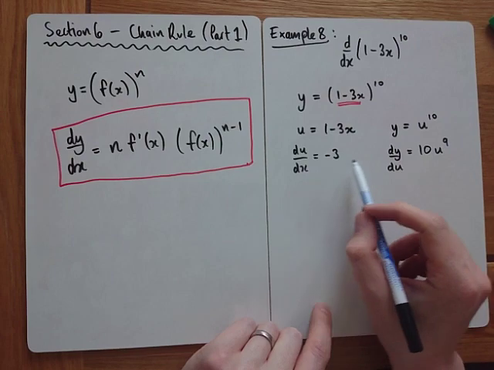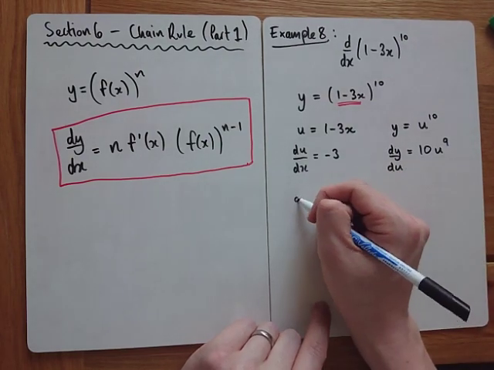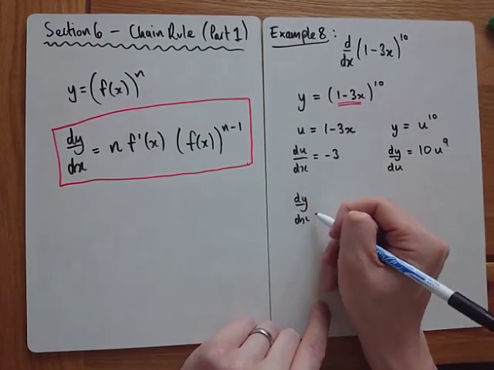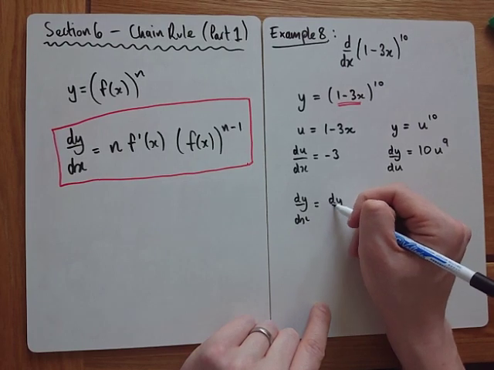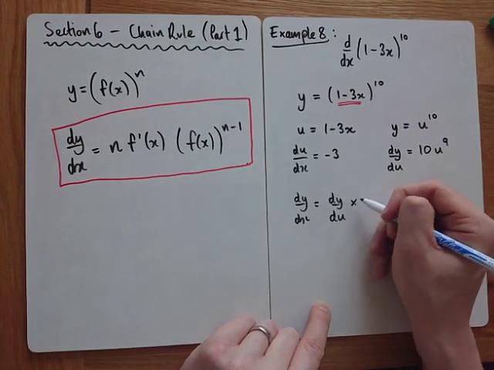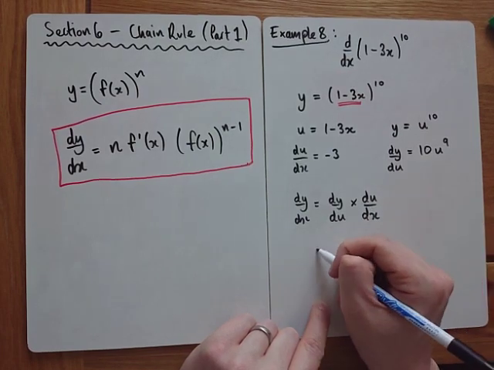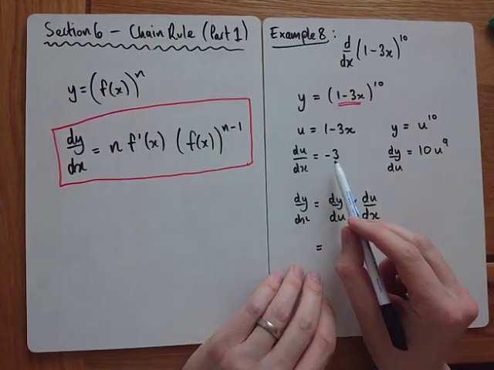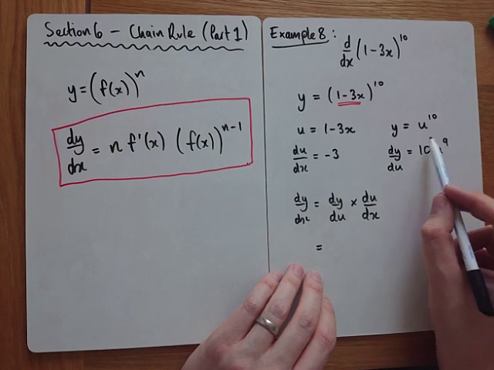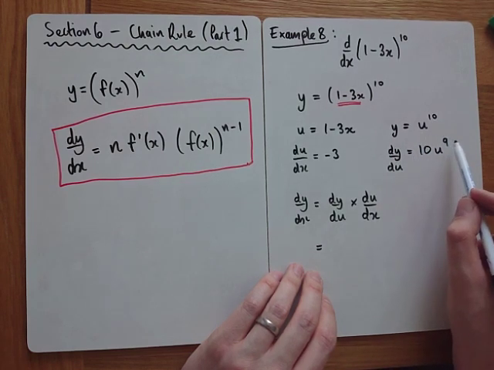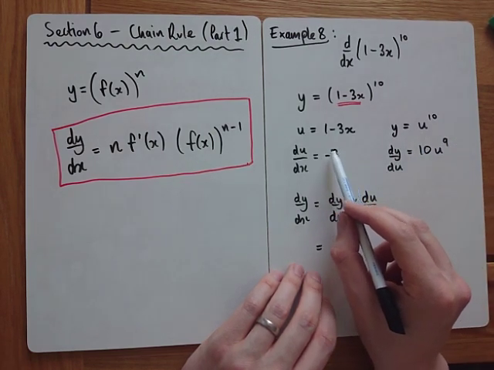So dy by dx would equal dy by du times du by dx. So dy by du is 10 u to the power 9, multiplied by du by dx, which is minus 3.